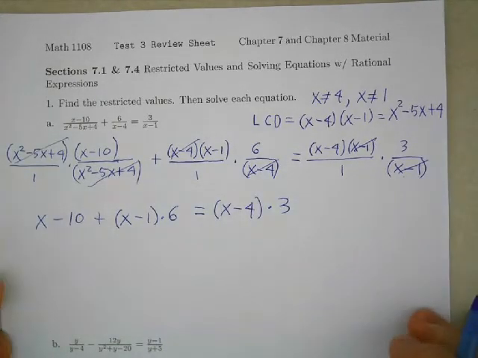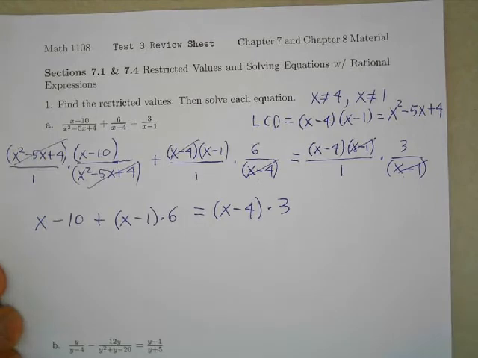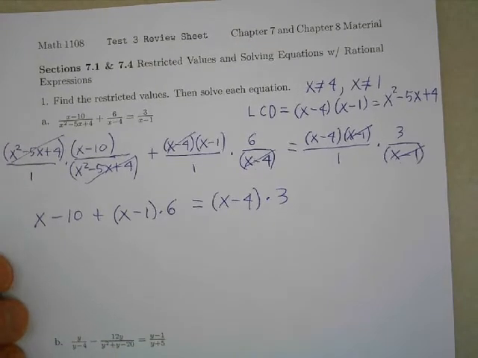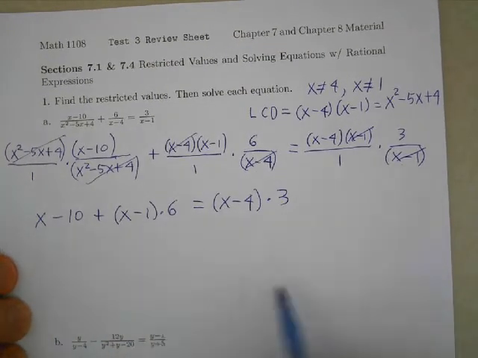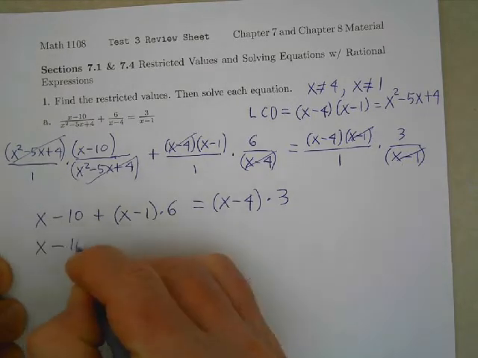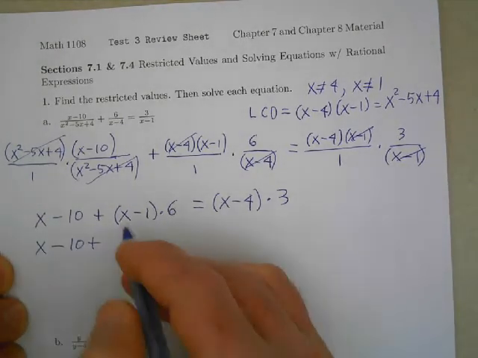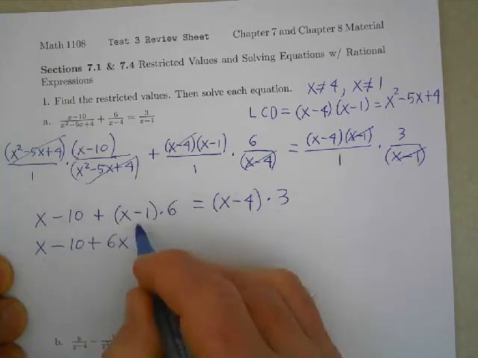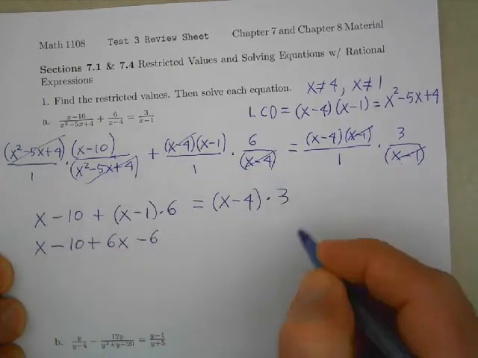Okay, so we'll solve this equation. As usual, be careful with the subtractions and the negatives. So we'll start by writing x minus 10 and then plus 6 times x and then minus 6.